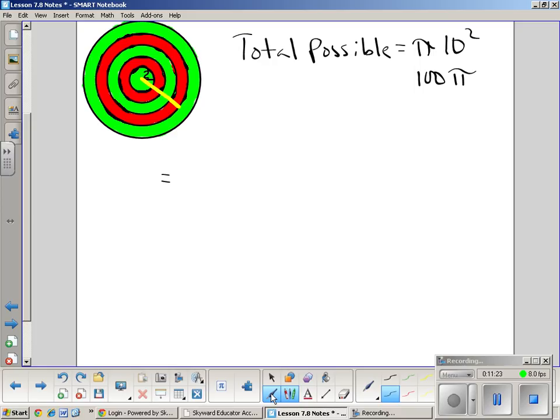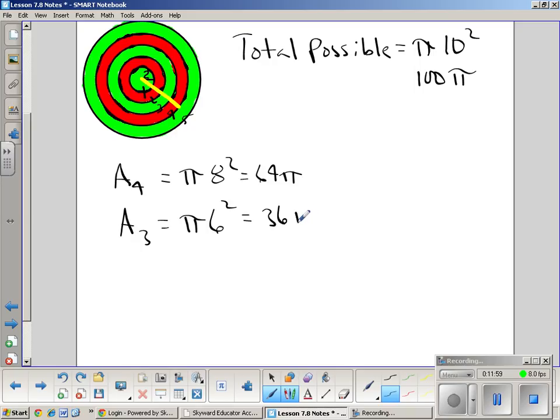Let's say this is the outside circle, so we'll call that 5, 4, 3, 2, 1, okay? So the area of circle 4 is going to be pi times 8 squared, which is 64 pi. While we're doing this, let's find all of these. Area of circle 3 is pi times 6 squared, which is 36 pi.